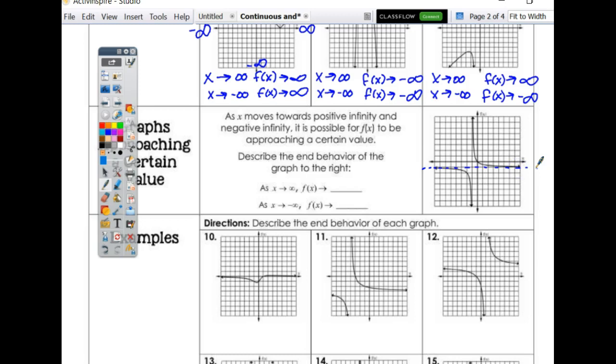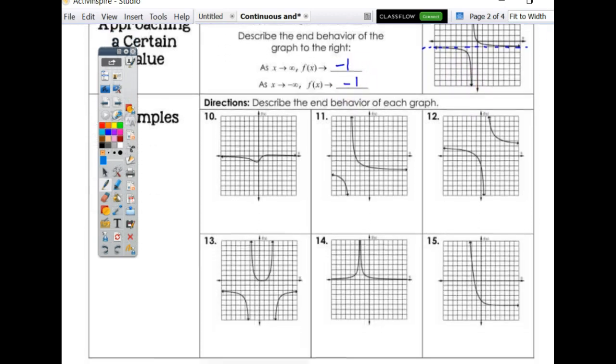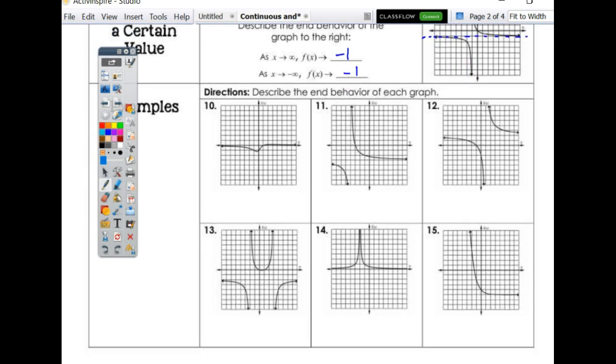So what's the value of the asymptote? -1. And if I go the other way, to negative infinity, what am I approaching but not crossing? -1. So we have to fill all these in.